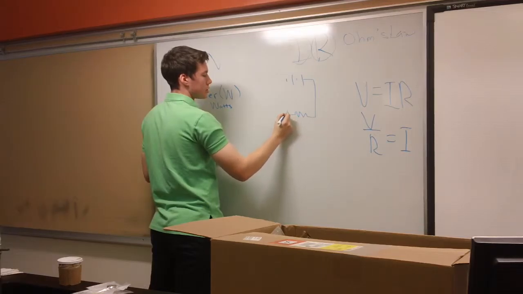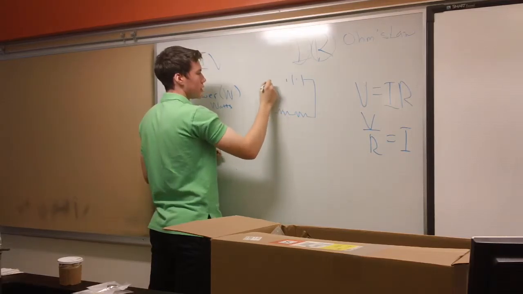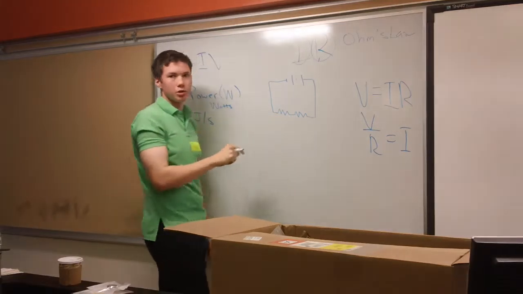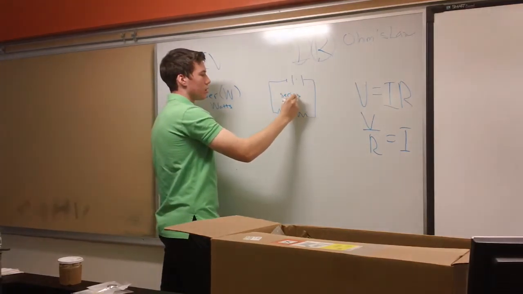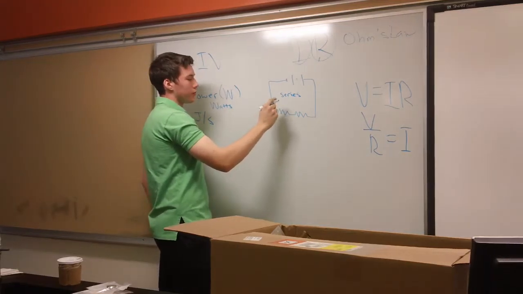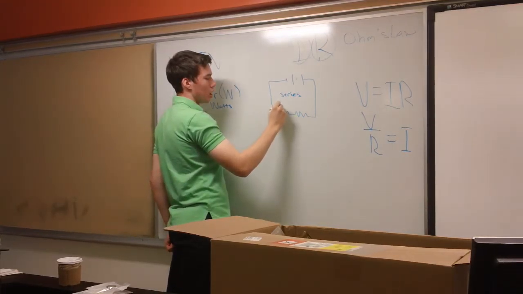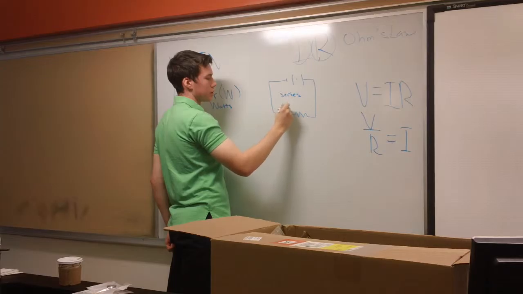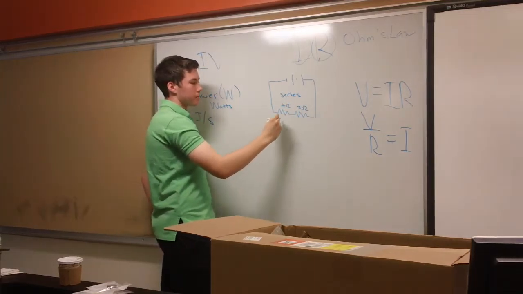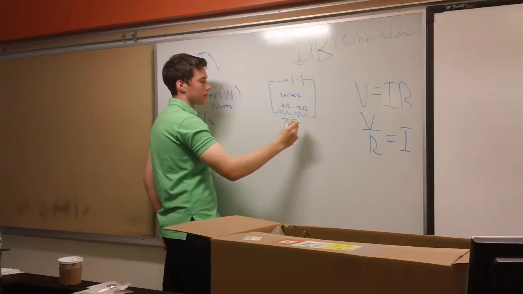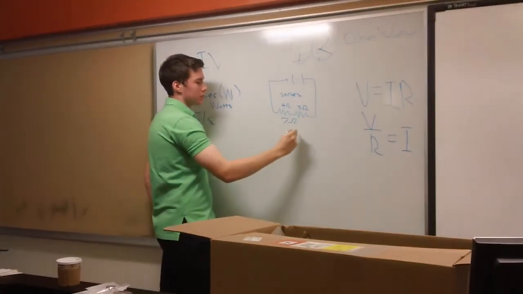So if I have two resistors like this and hook them up to a battery, what's this configuration called? Series. Good. And if this has a resistance of 4 ohms and this has a resistance of 3 ohms, what's the total resistance in the circuit? 7 ohms. What if I do this?